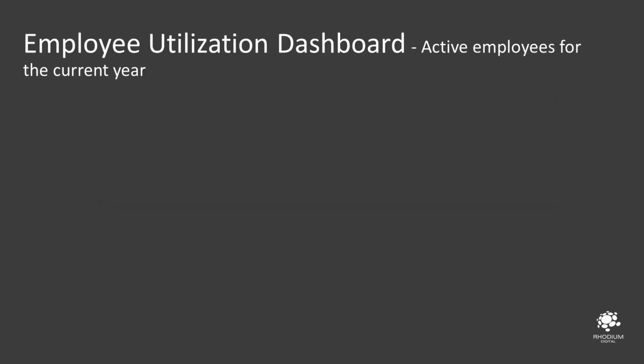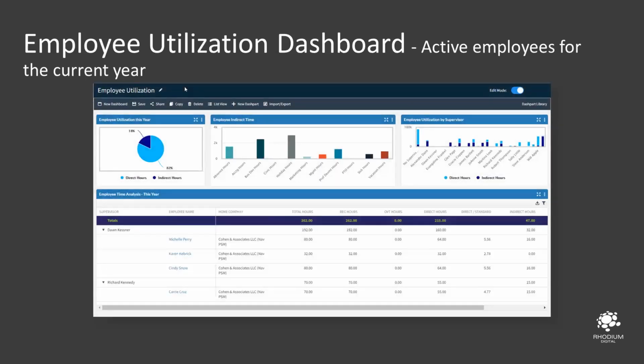Now, at a supervisory level, we can present this information and more using a dashboard that can be focused typically by supervisor. So the individual who's responsible for employees can look at their employees and how their employees are working.